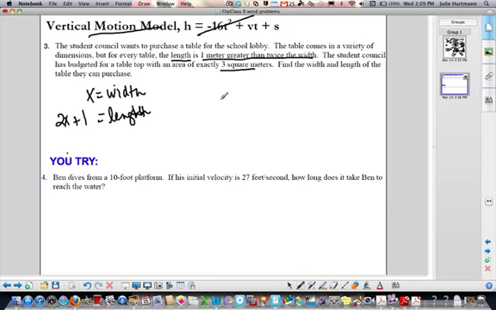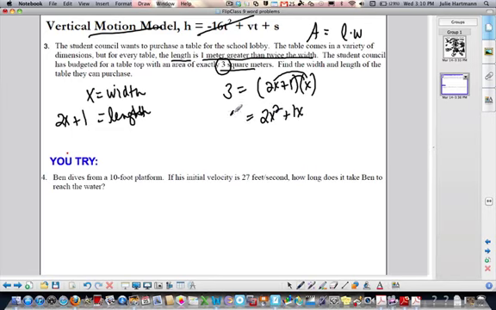So, for a rectangle, we know our area formula is length times width. So, we have an area of exactly 3 equals our length, which is 2x plus 1, times our width, which is x. Okay, so we can distribute. That gives you 2x squared plus 1x equals 3.